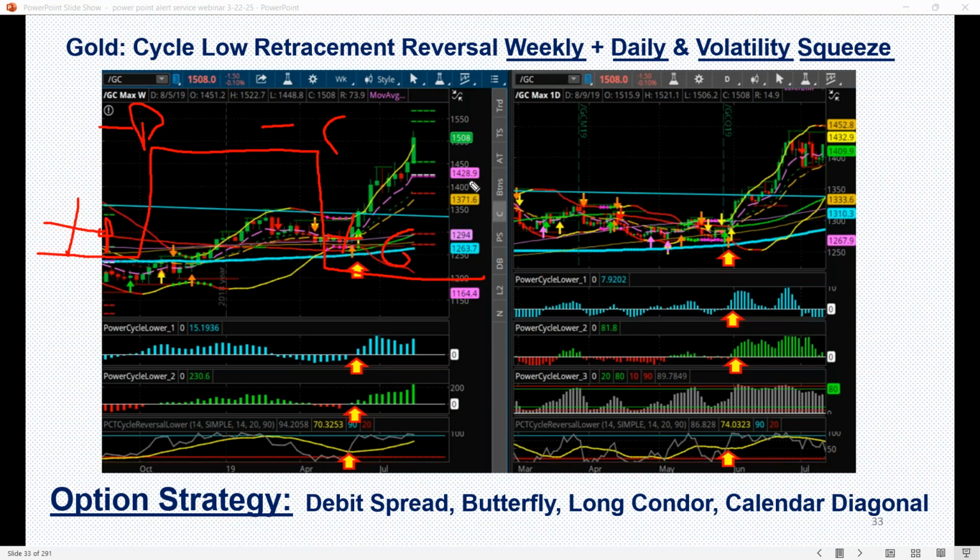All right. Now the big difference, we do some iron condors, but we do a lot of long condors. Huge difference, because an iron condor gives you what we call a negative risk ratio. For example, credit spreads are what we call probability trades, right? We're looking at the deltas and things like that.